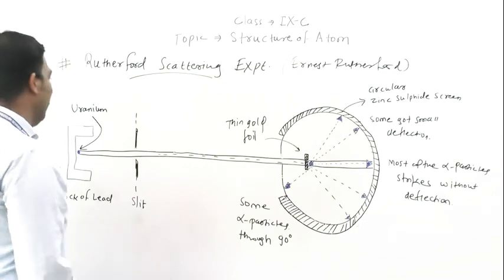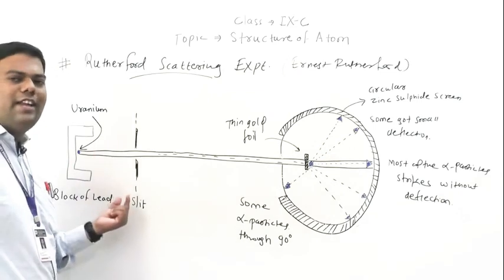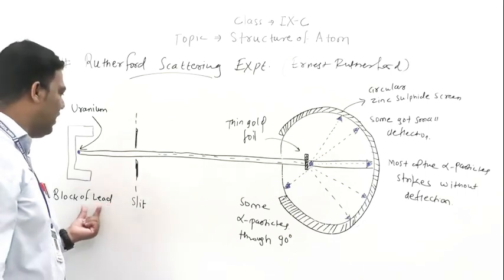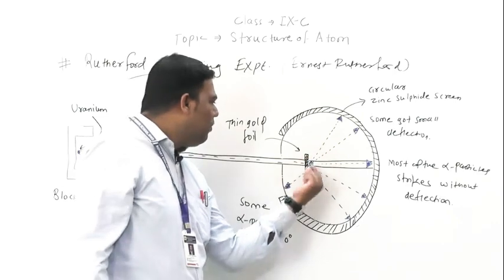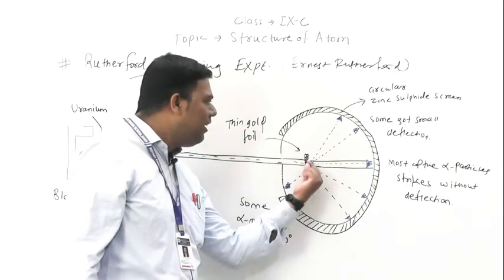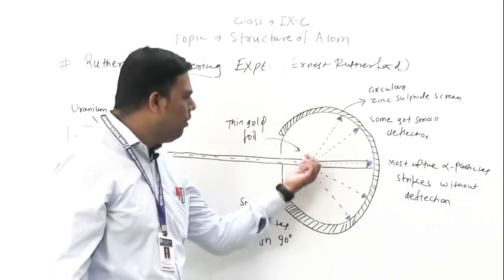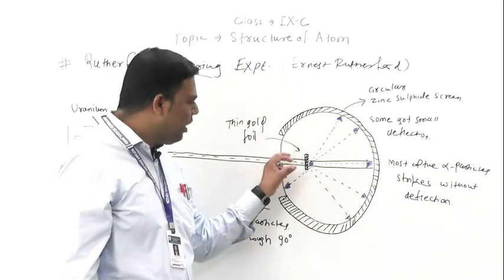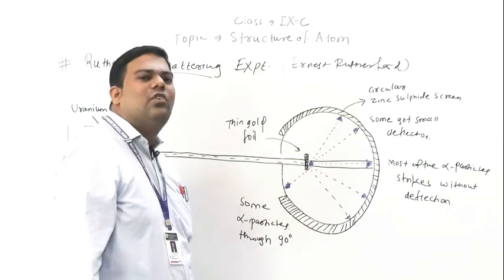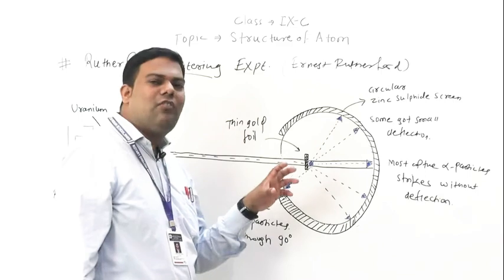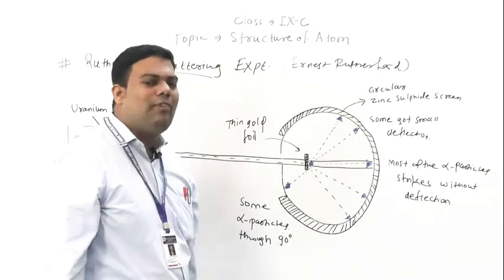Like that, with a block of lead with uranium as the source of alpha particles, and with a slit, he observed a thin gold foil, and some rays got a deflection there. As you know, gold atoms are in the metal, and the atom positions are closely packed. In that he got such types of deflections.